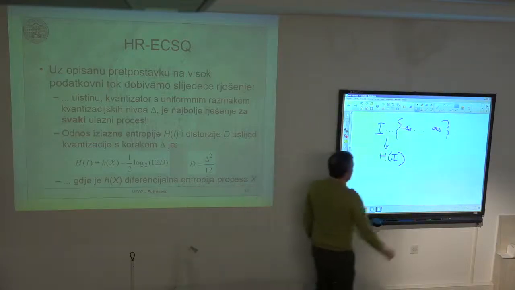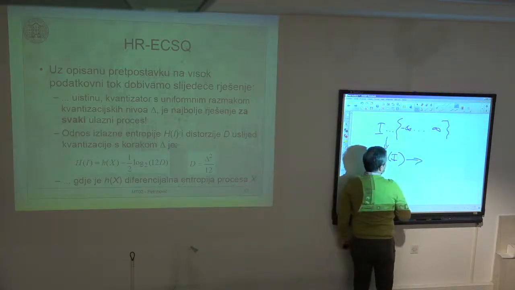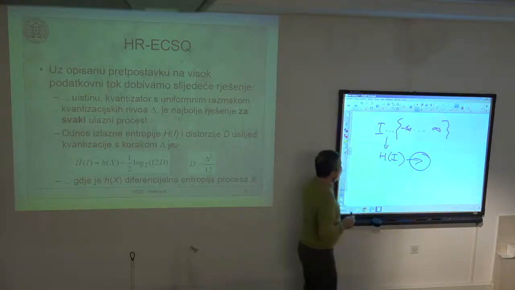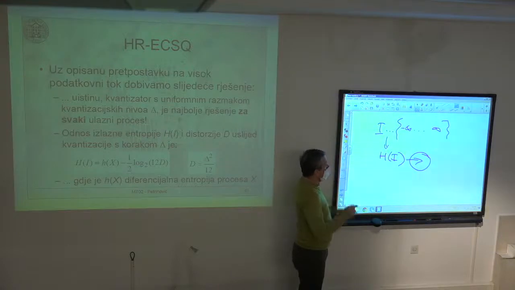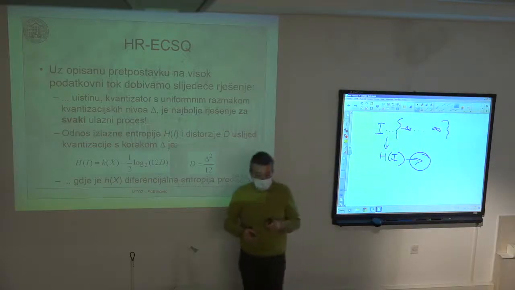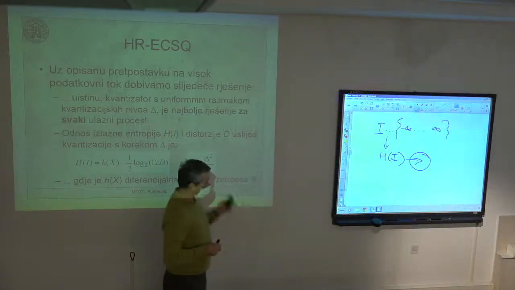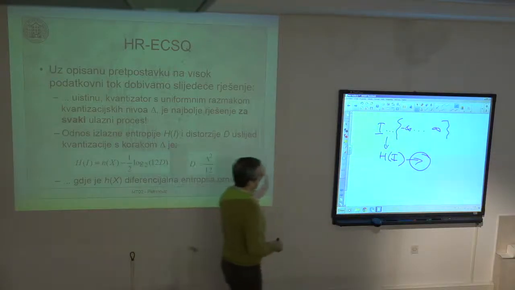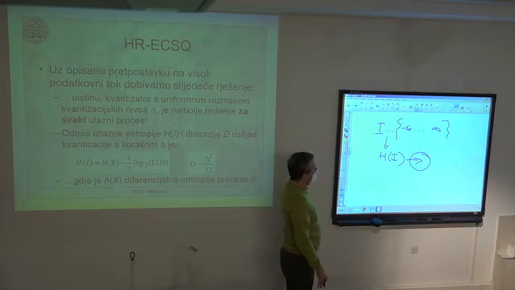And if I have this entropy, then I can prove that the optimal step size is exactly uniform step size. So any variation of the step size as proposed by Max Lloyd, or as proposed in the multidimensional case by this K-means algorithm, they are not necessary. The best way to do it is simply uniform quantization.